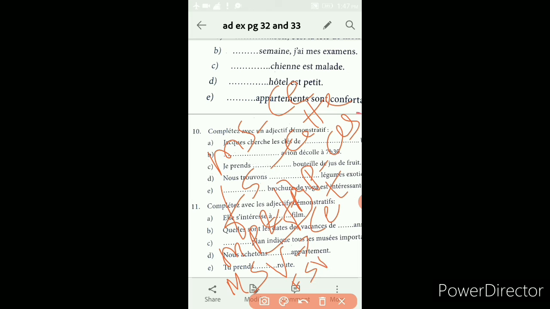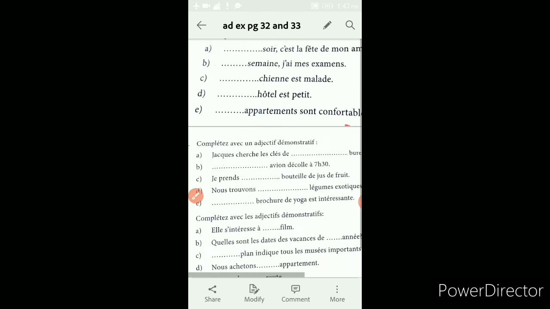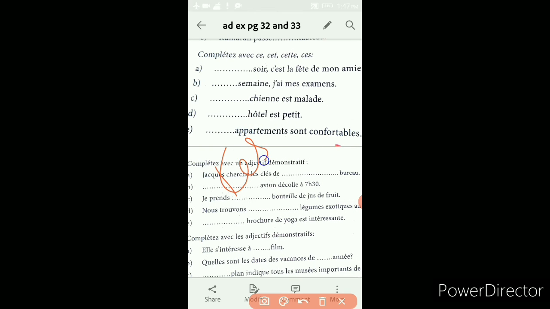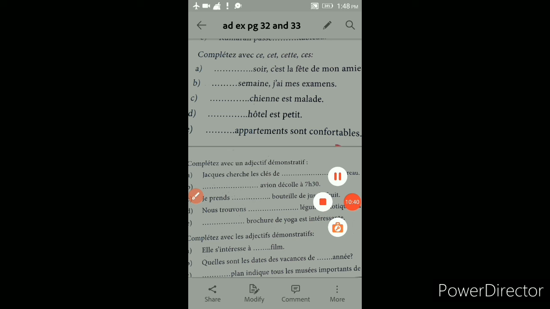And for feminine singular vowel, it is CETTE only. Hope it is clear for you all. The meaning for all of these is this. And for CES, plural alone, it is these.